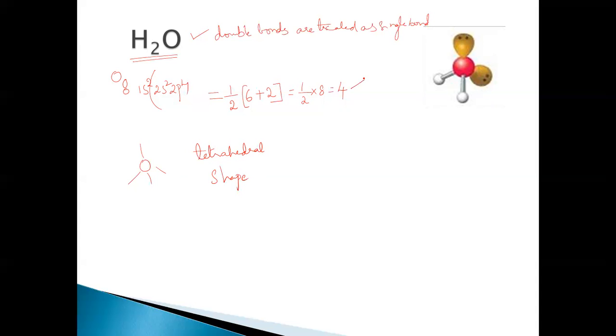there are both lone pairs and bond pairs of electrons, right? The bond pairs of electrons are 2 and the lone pairs are 2. So this oxygen is bonded to two hydrogens by means of two bond pairs, and two lone pairs of electrons are present on this oxygen atom.